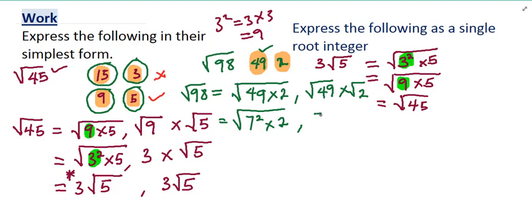The square root of 49 is 7 times sod 2. Sod 2 cannot be simplified. I'm just leaving it like that. Sod 2 is not a perfect square that I can actually simplify. So from here I'm bringing out 7, then I'll have 2 inside, and then 7 times sod 2 is 7 sod 2, and that's our answer.